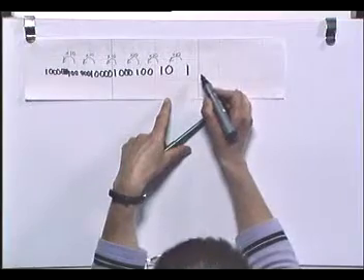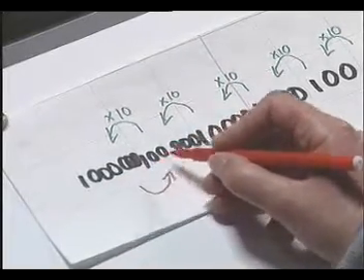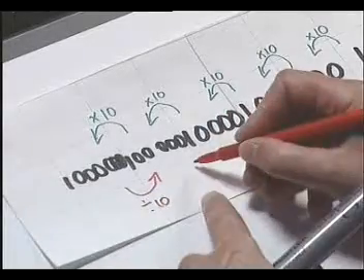Now, let's have a look what happens when we get smaller than 1. Going in this direction, if we want to go from 1 million back to 100,000, we're dividing by 10.